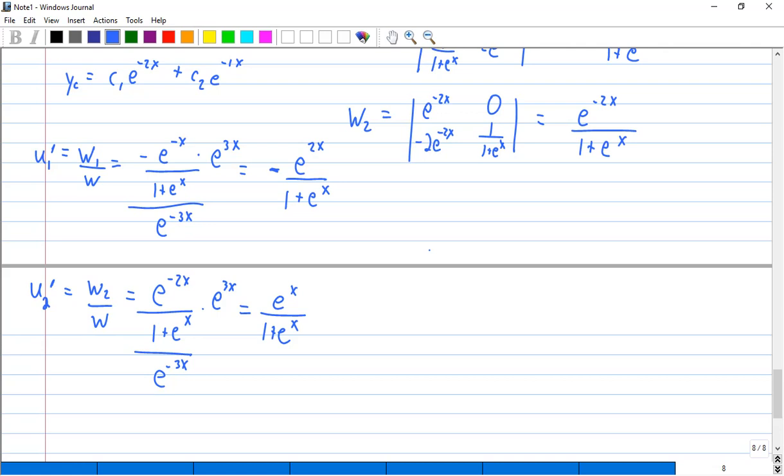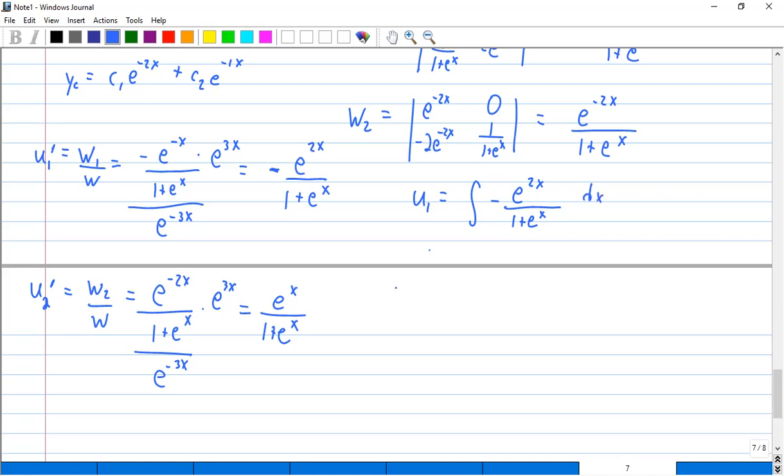All right, so now let's do these integrals. One of them looks really easy. One of them we're probably going to have to think about for a minute. Try to problem solve with it. So u sub 1 is going to equal the integral of negative e to the 2x over 1 plus e to the x.